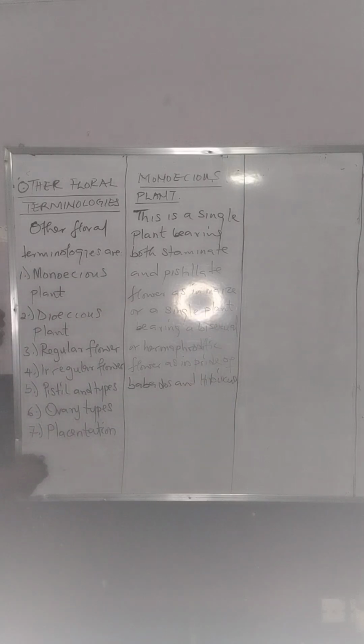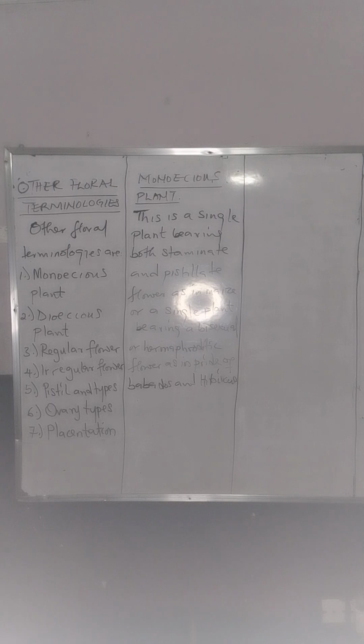Now, what are we trying to say here? A monoecious plant is a plant, just a single plant. That's why it's mono. And on this single plant, a male flower and a female flower, or a single flower that contains both male and female reproductive parts, are located on top of that single plant.